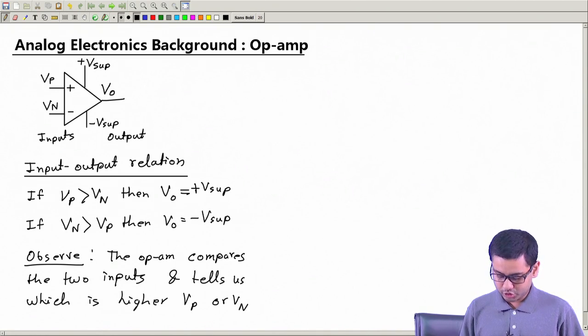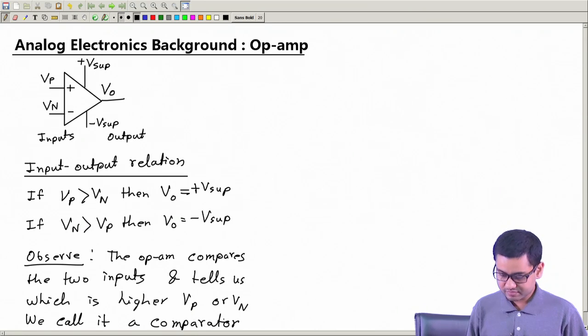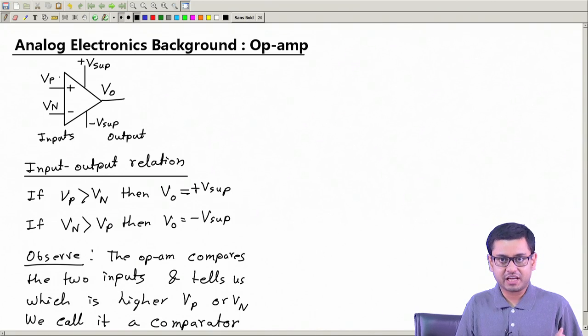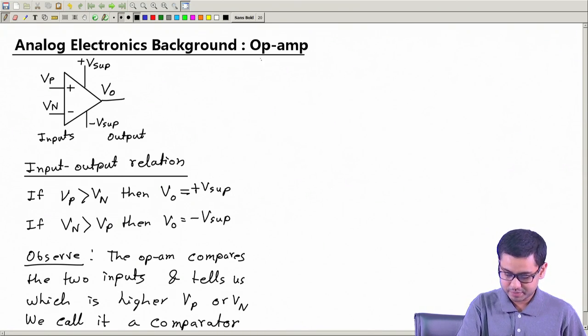This is so simple. That's why we also call an op amp a comparator, because it compares the two inputs and tells us whether Vp is higher or Vn is higher, as simple as that.